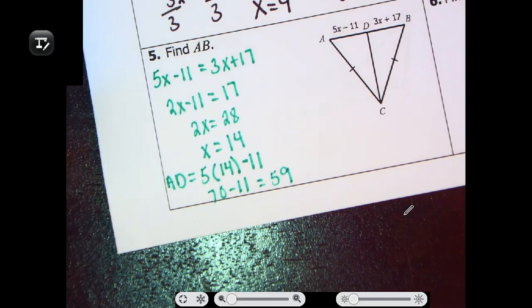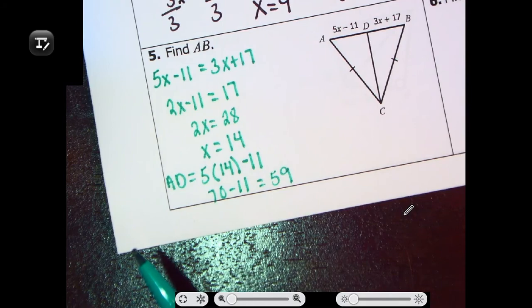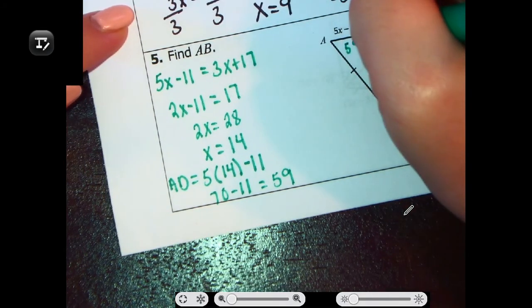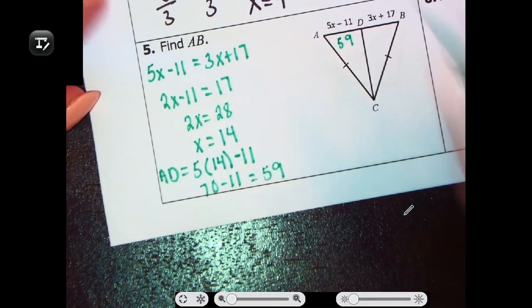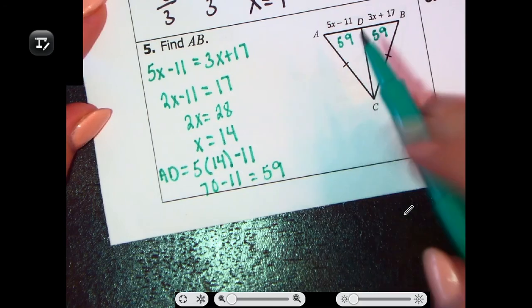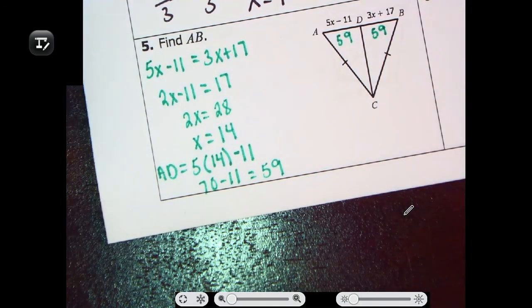Unfortunately, that's only what AD is. So now, since this is 59, remember that these are equal to each other, right? So what's 59? Either 59 plus 59 or 59 times 2, we can say.